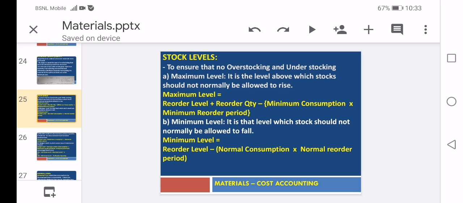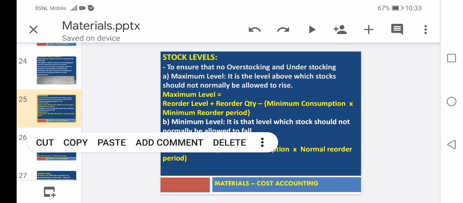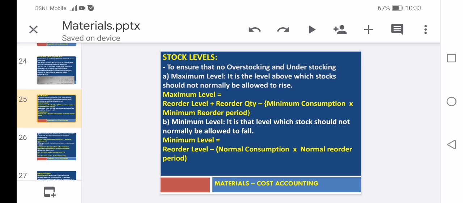Above that level we should not maintain the stock, to avoid overstocking. The simple formula is: maximum stock level is equal to reorder level plus reorder quantity minus minimum consumption into minimum reorder period. With this simple formula we can find out the maximum level of the stock.